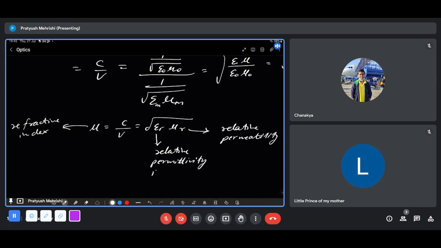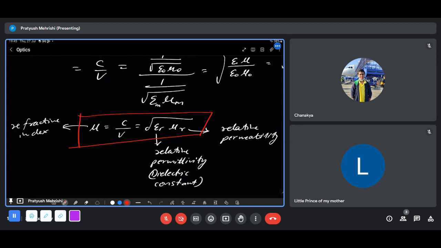Relative permittivity is nothing but the dielectric constant. This is as per the electromagnetic wave theory.